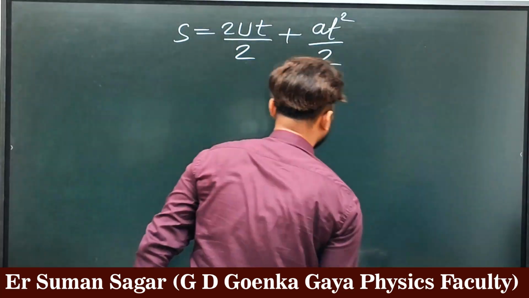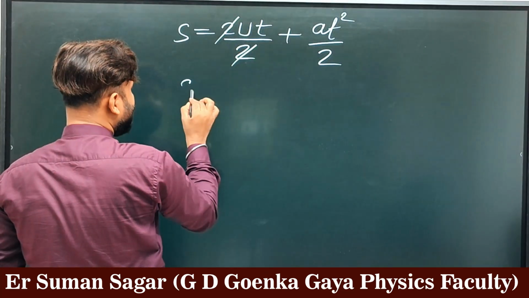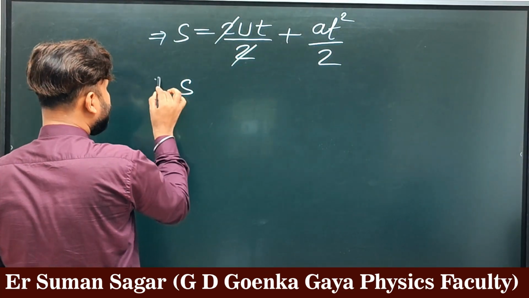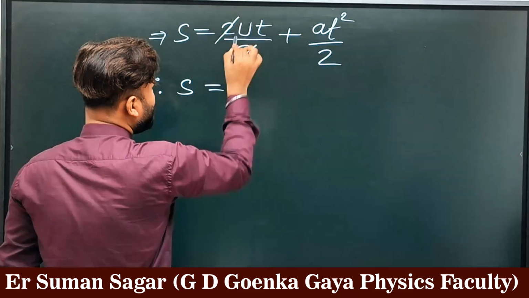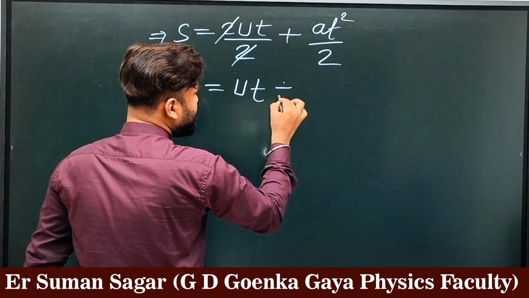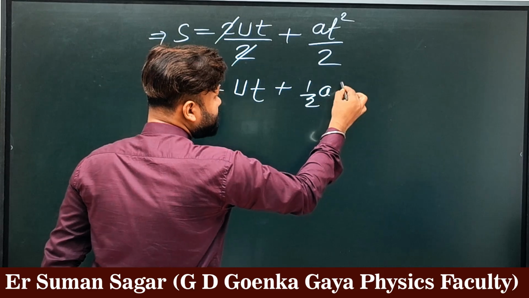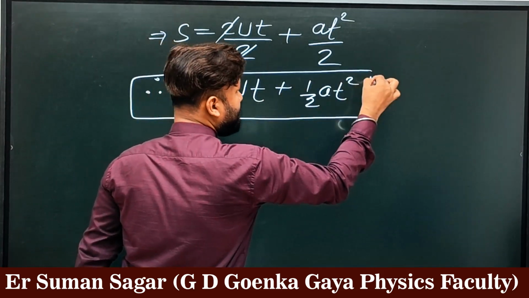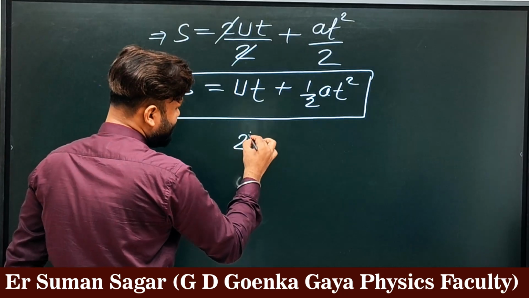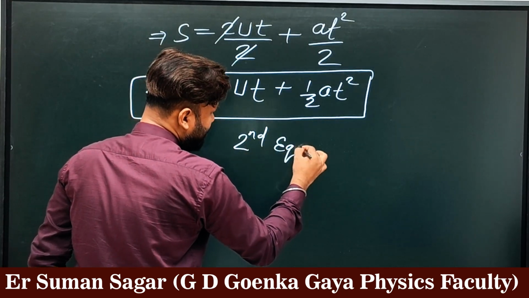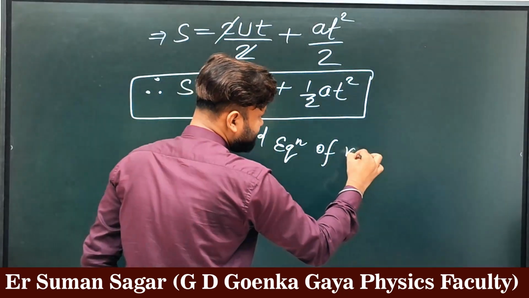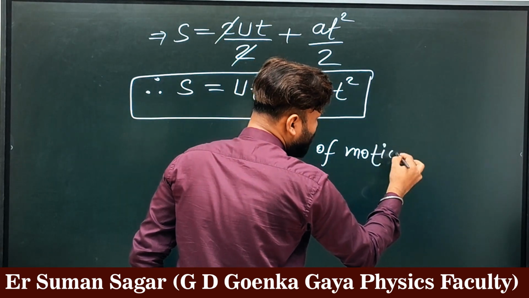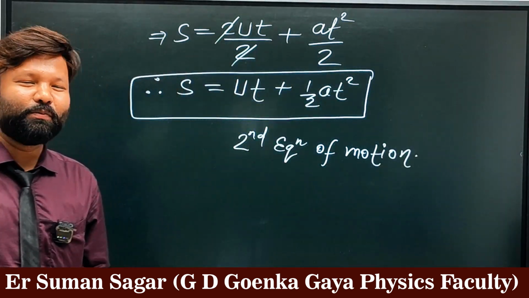So here 2 and 2 get cancelled, so s is equal to ut plus half at square. This is the second equation of motion, student.